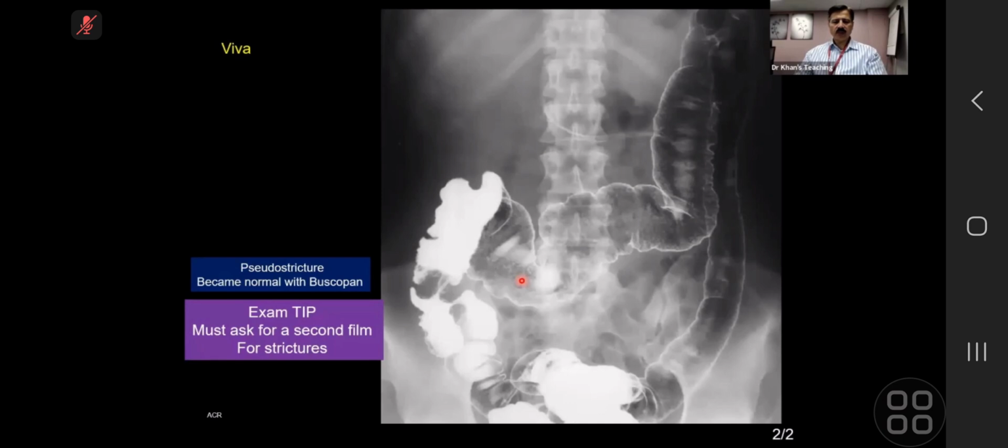Pathologically, the main difference is that ulcerative colitis is superficial, so it will produce superficial ulcers. Crohn's disease is transmural, so it goes through all layers of the GIT, and that's why it will cause fistulas and things like that.